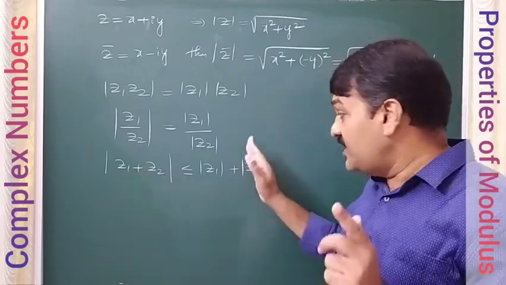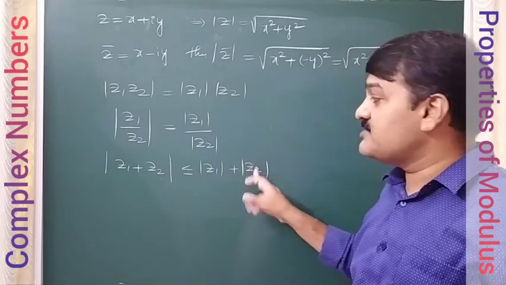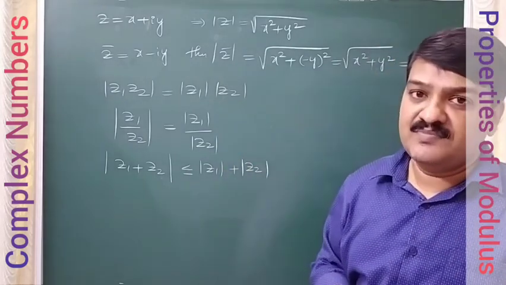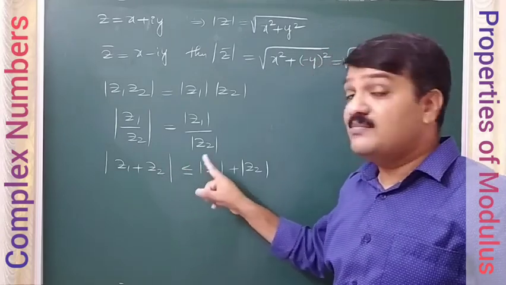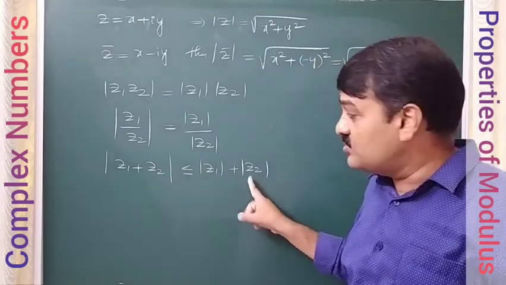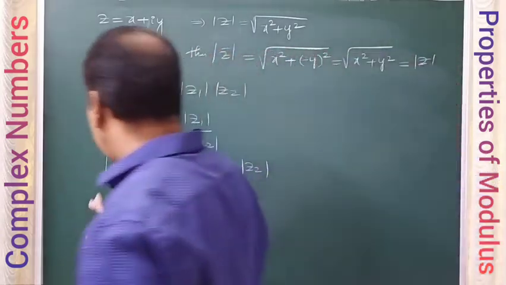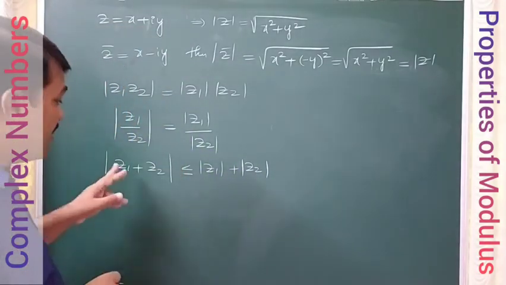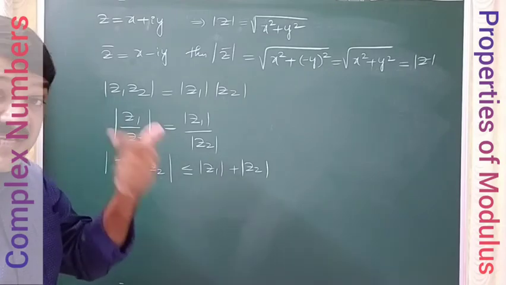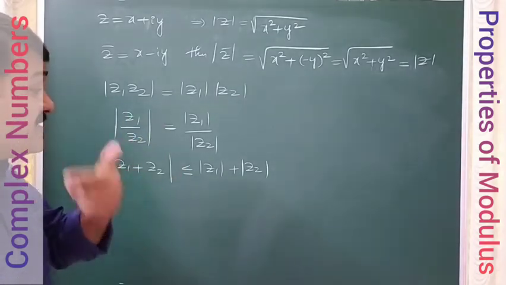In all other cases, this will be less than mod Z1 plus mod Z2.